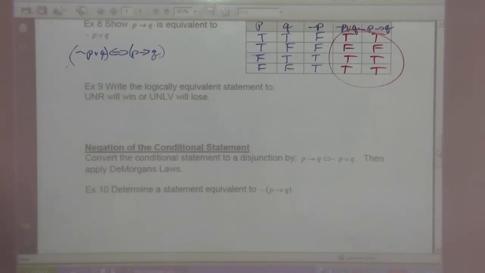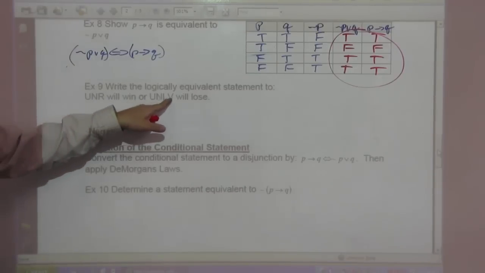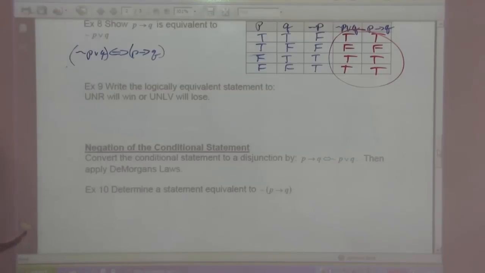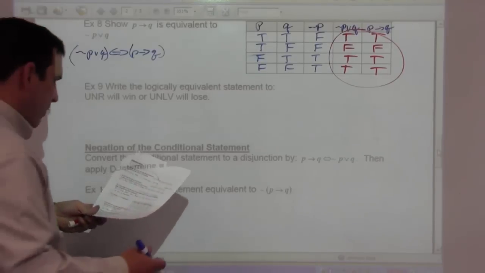Okay, example 9, this is a fun one. Write the logically equivalent statement, UNR will win or UNLV will lose. It's kind of the same thing, which is the way it should be, right?